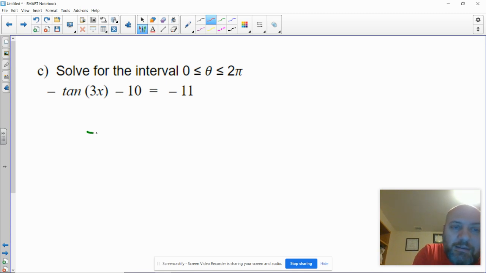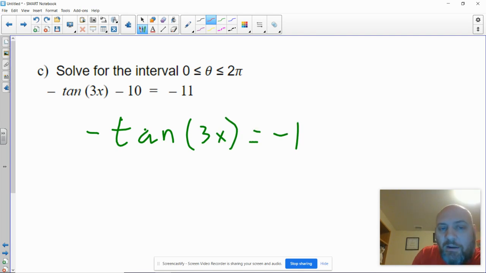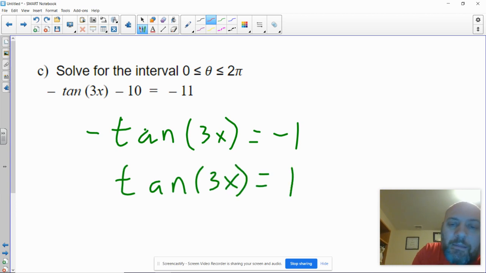I'm going to add 10 to both sides, which gives me negative 1. Multiply both sides by negative 1, or divide both sides by negative 1, however you prefer. So I get a positive 1, and that's as far as I can simplify. I can't remove that 3 from inside.